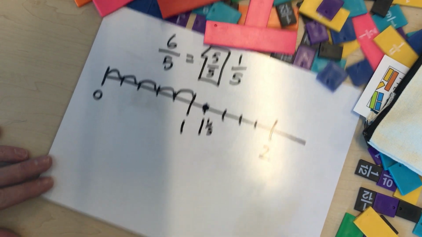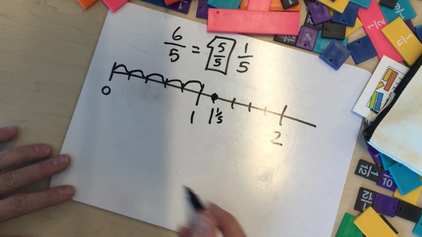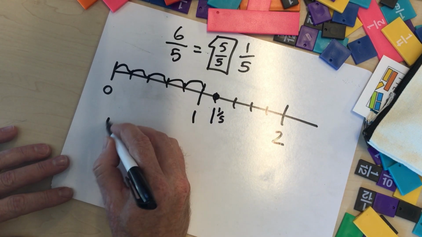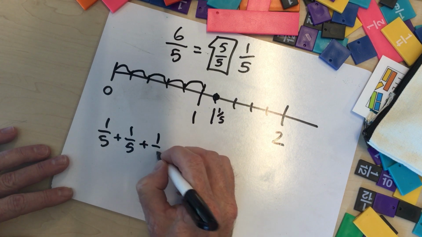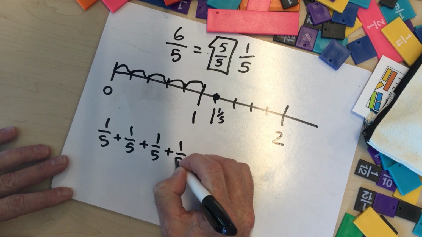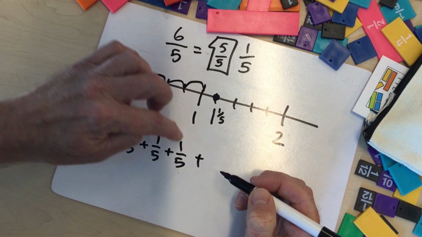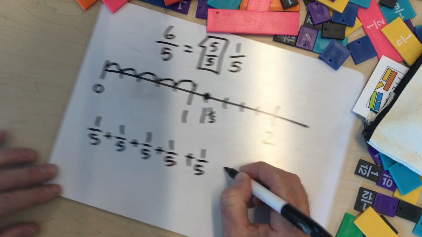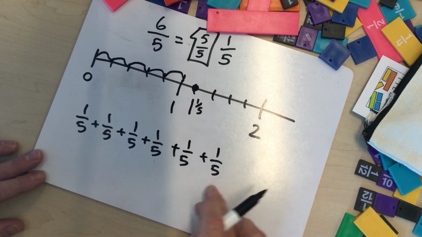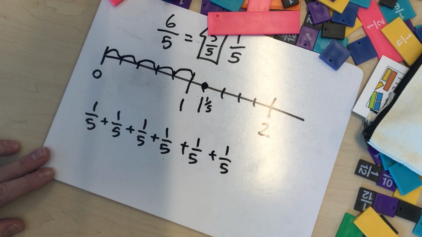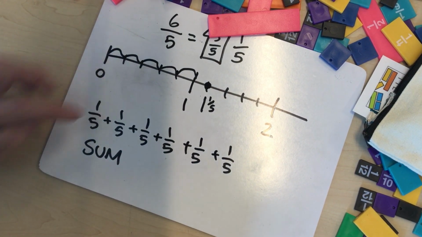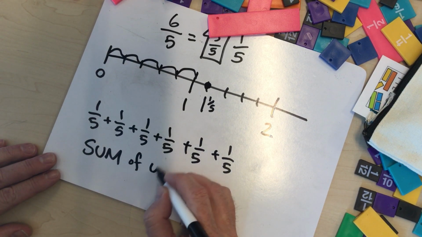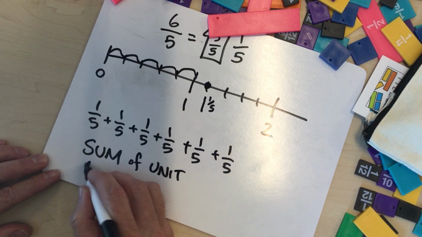The other thing that's neat about fractions is you can represent it like this. 1/5 plus 1/5 plus 1/5 plus 1/5 plus 1/5 plus 1/5. This is a sum, which means addition, of unit fractions.